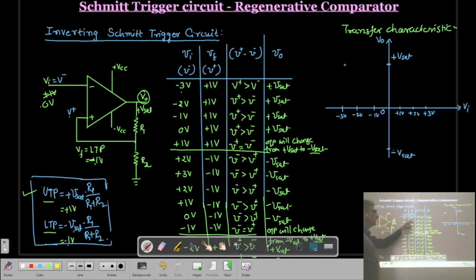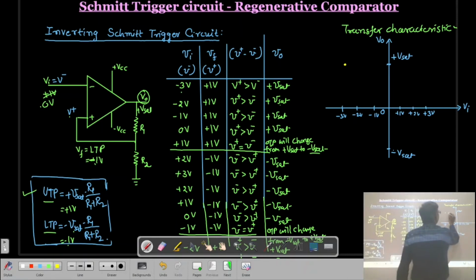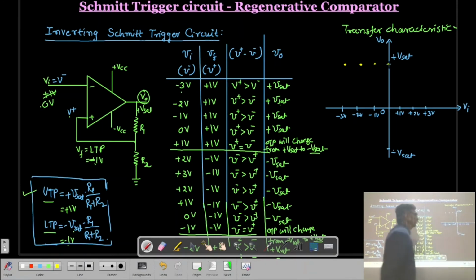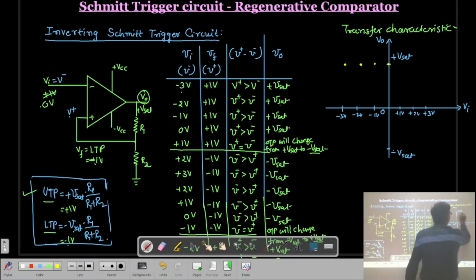Same way for minus 2, the saturation voltage is there. For minus 1, again the plus V saturation. For 0 also a plus V saturation. And at plus 1 volt, you can see that the output is changing from plus V saturation to minus V saturation.